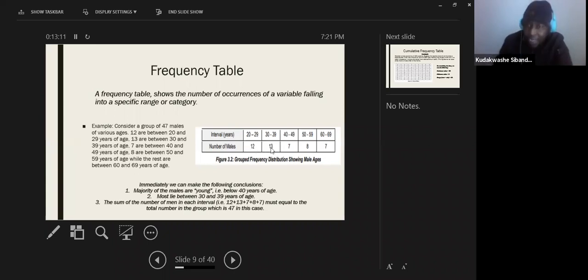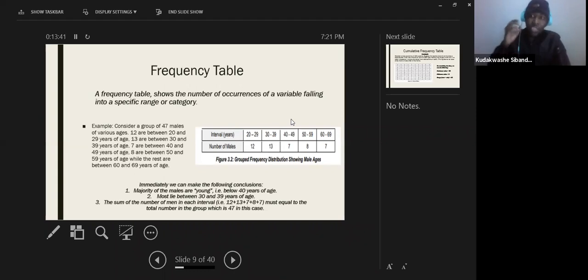So there are 13 males that lie within 30 to 39, 7 between 40 to 49, 8 between 50 to 59. In other words, when you create a frequency table, you are grouping data. You are grouping data based on a specific range and specific category. That's why it says that the frequency table shows the number of occurrences of a variable.